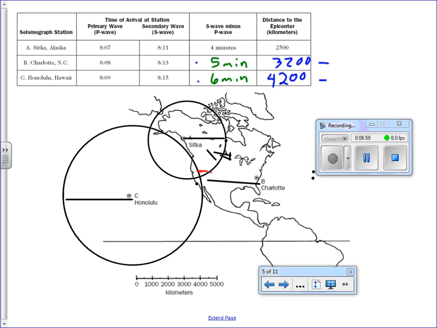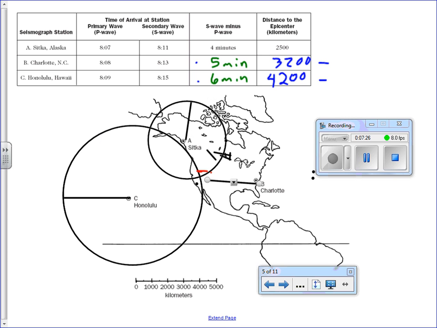So you put your compass here and swing a circular arc, and this is the circle it makes. The earthquake has to be somewhere along this line of 2,500 kilometers from Sitka, Alaska. You do the same thing for the line from Honolulu and also the line from Charlotte, North Carolina.